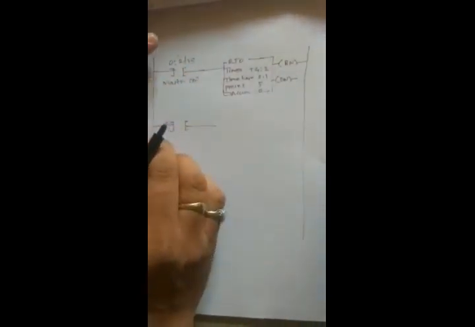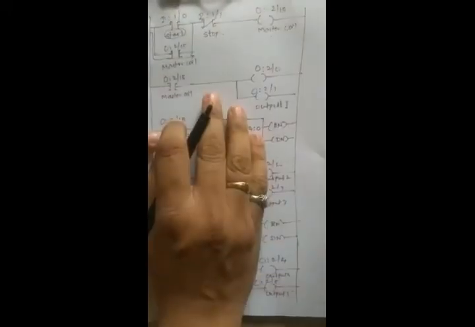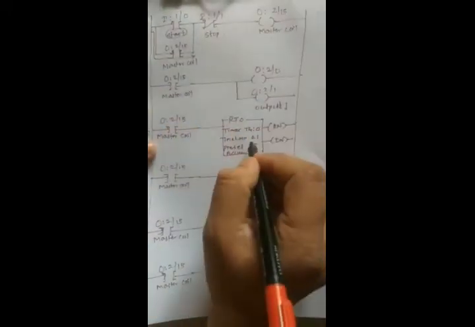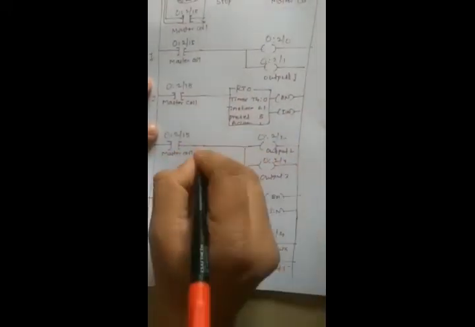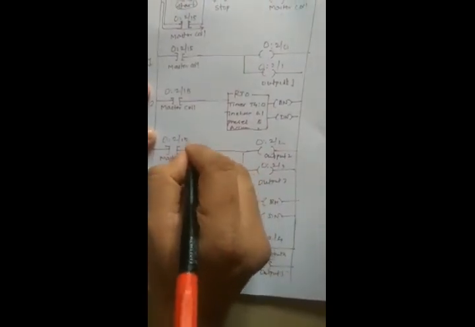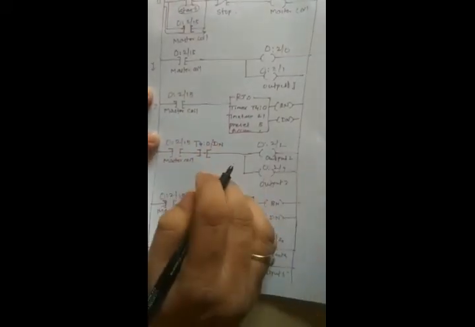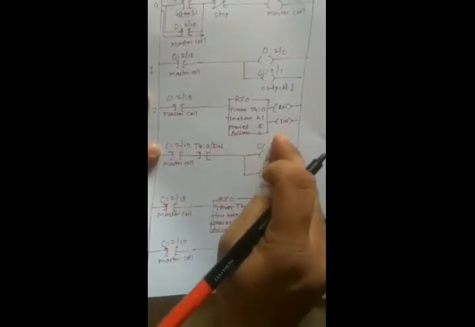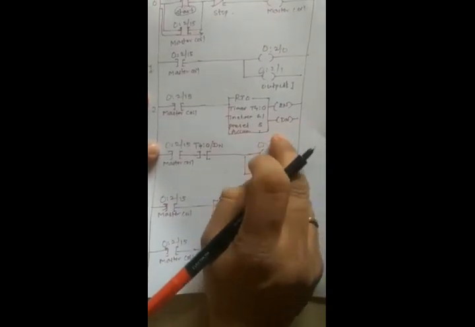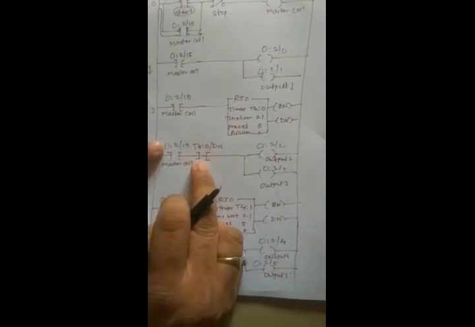First of all, you interlink the done bit of timer 0, that is T4:0, with this rung. So I am going to add one more contact over here, T4:0 and its respective done bit. Okay, so when one done bit is enabled, then this contact will become true.